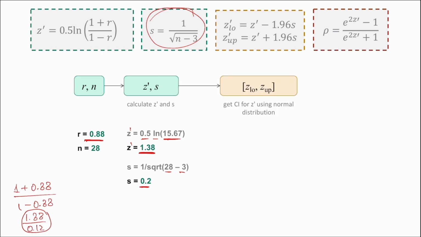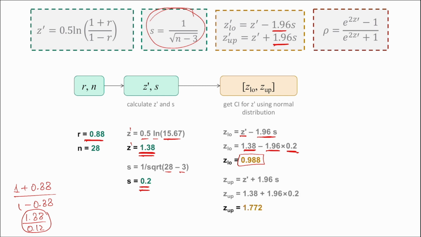The next step is to compute the confidence interval. Let's say we compute a 95% confidence interval. Therefore, we will take 1.96 standard deviations. So we compute the lower boundary: z prime minus 1.96 times the standard deviation. z prime is 1.38, so 1.38 minus 1.96 times 0.2, because the standard deviation is 0.2. So this is the lower boundary of z prime for the population.